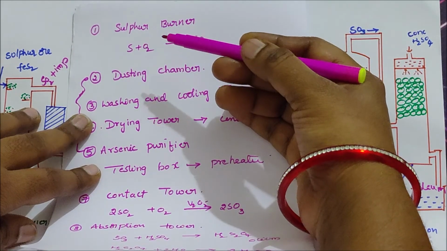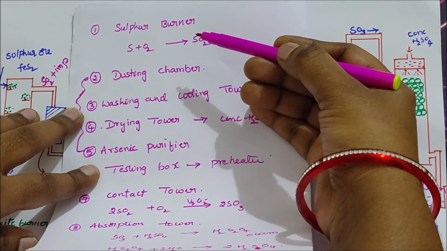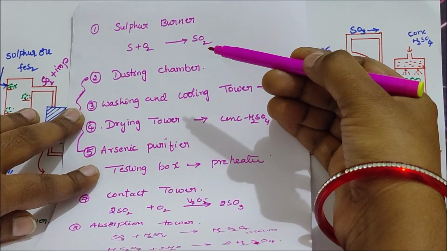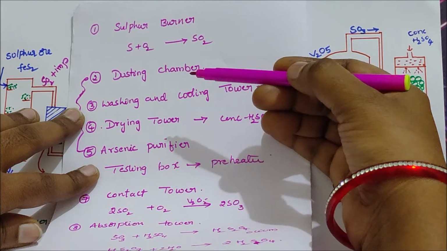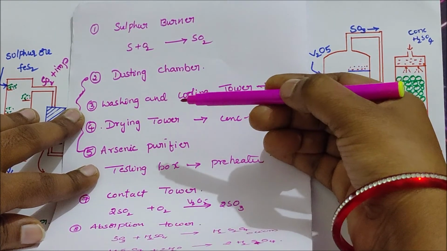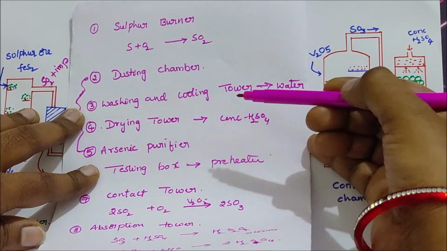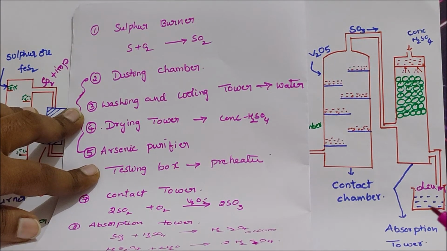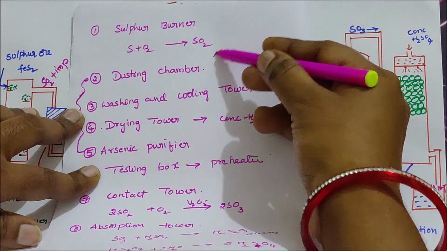This is the simple method. In the first chamber, the sulfur burner, sulfur is treated with oxygen to give sulfur dioxide. The second chamber is the dusting chamber, and the third one is the washing and cooling tower, which contains water to remove impurities from the SO2.